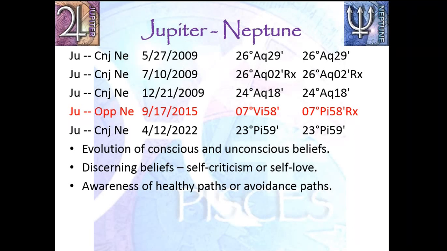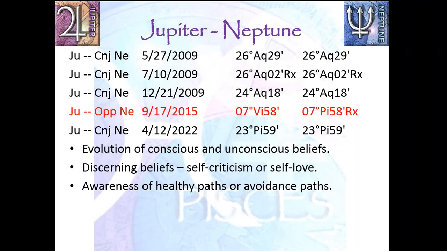Well, it's going to get a little hit on that when it has the opposition to Neptune retrograde, and we're going to be at a choice point of self-criticism or self-love, cup half empty or cup half full. So we're going to really be having to look at all the avoidance paths we have versus the healthy path for us on an individual level.